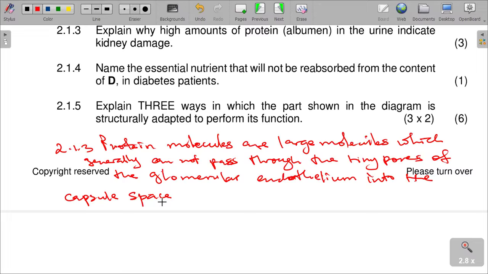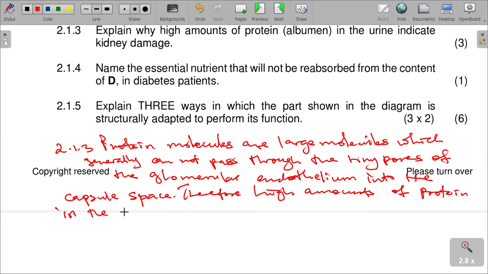So therefore, a high amount of proteins in the urine indicates malfunctioning of the filtration process.